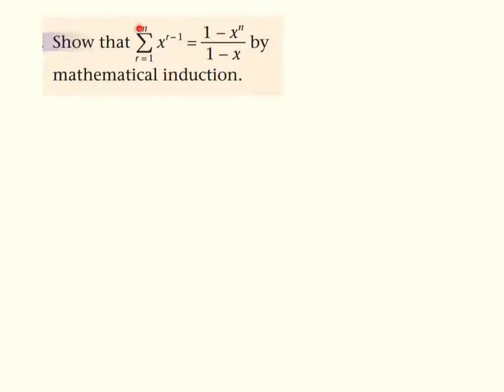So you know the sum means a series. If we start with r equals 1, and I sub in r equals 1 here, I get x to the 1 minus 1, which is 0.